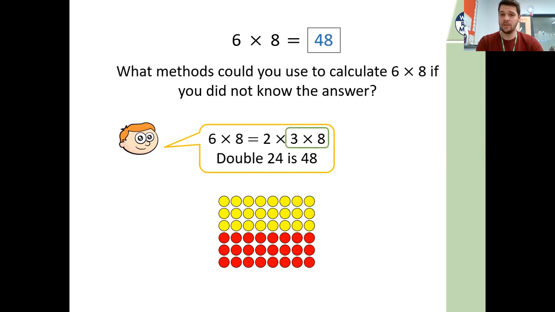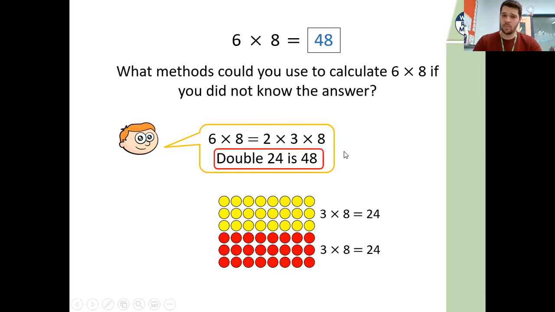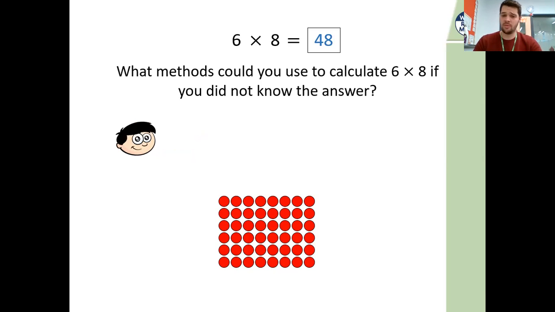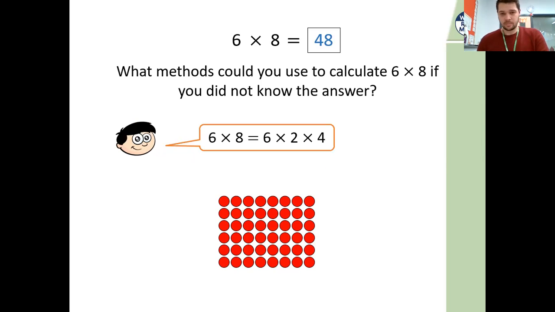What he did, though, was he did 3 times 8 is 24, and then all he had to do was times it by 2. So he doubled it. That is also fine. So 6 times 8 is the same as 6 times 2 times 4.